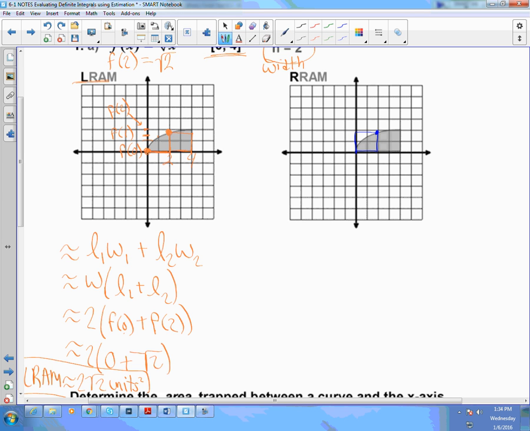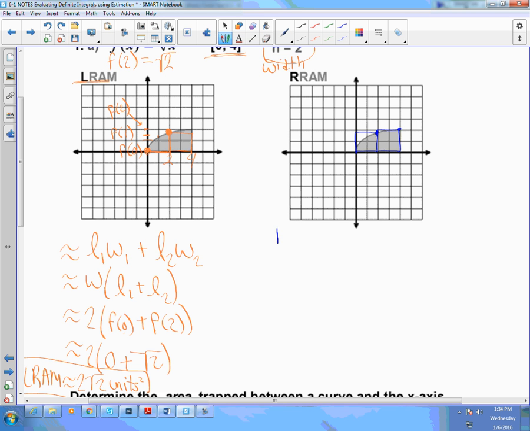And then the second rectangle comes up to here. So the first graph, is that an overestimation or underestimation? Under, all the rectangles are below. This graph is going to be over or under? Over. So our estimation will be larger.